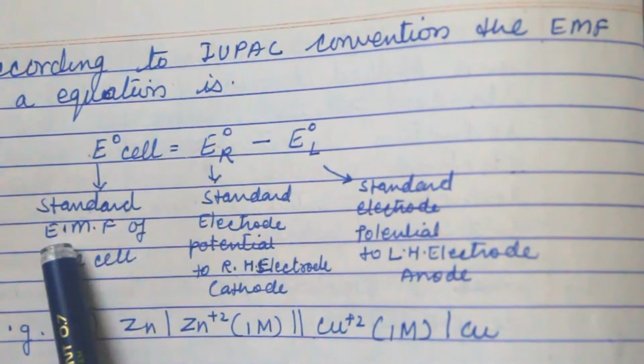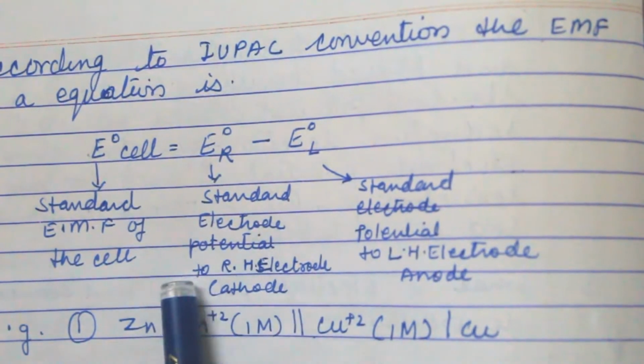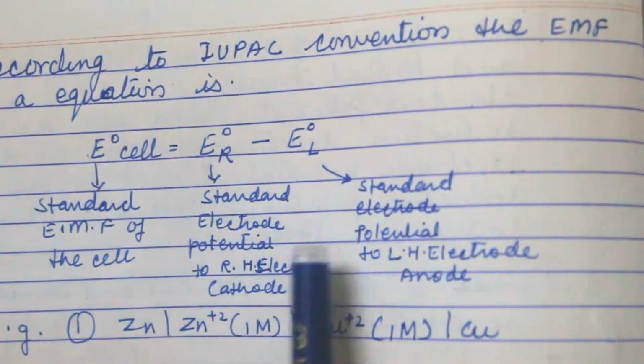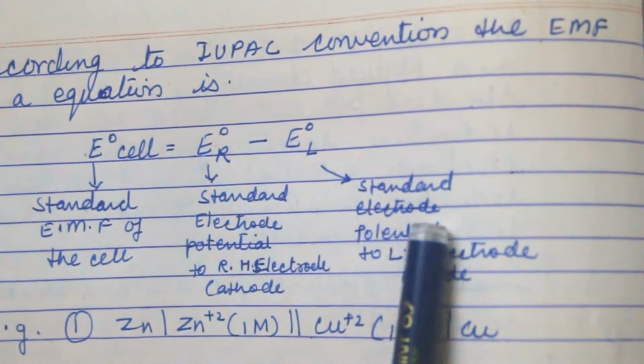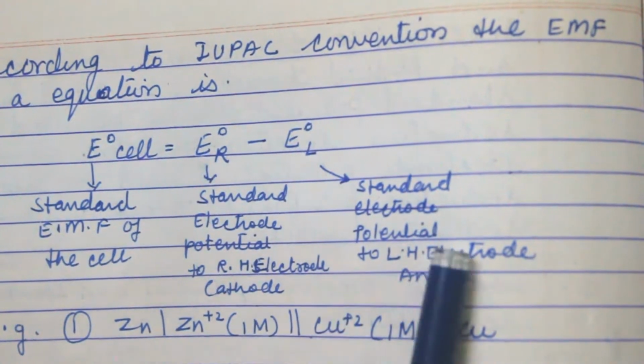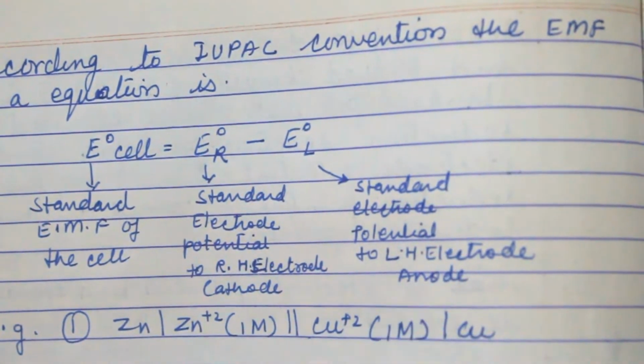This is the standard electrode potential of the RH electrode, that is the cathode, and this is the standard electrode potential of the LH electrode, the anode.